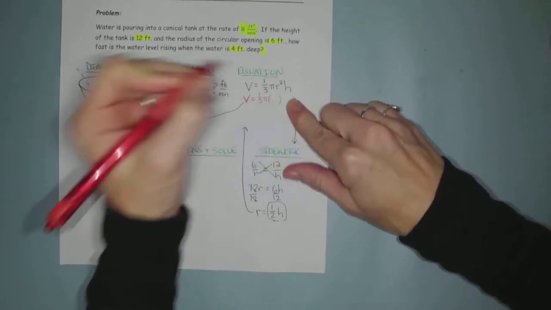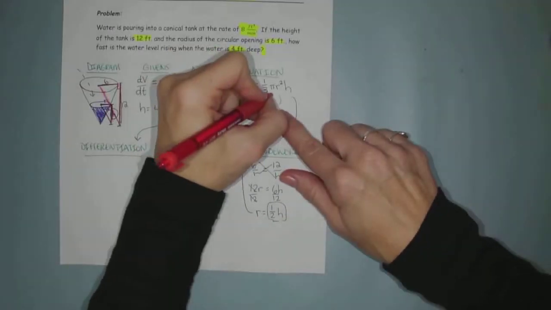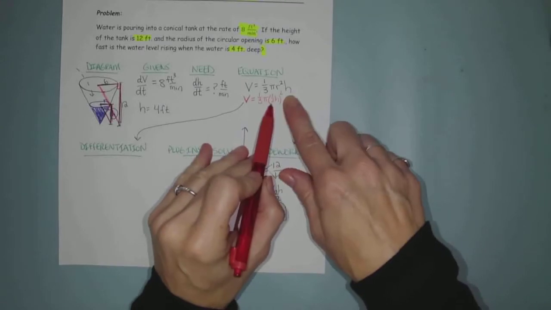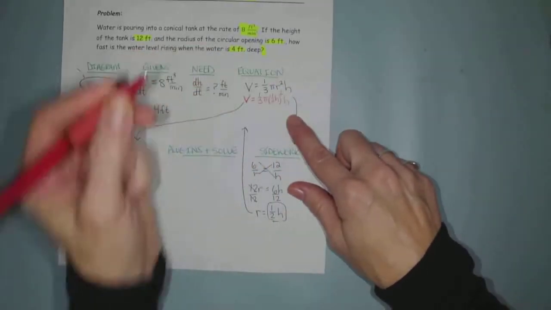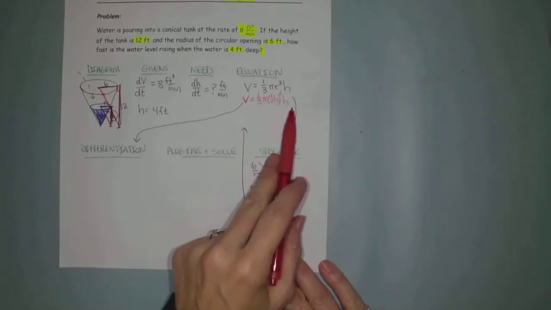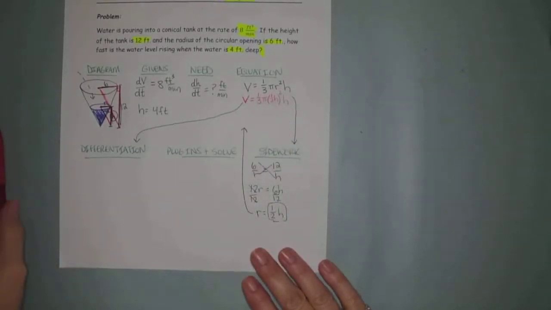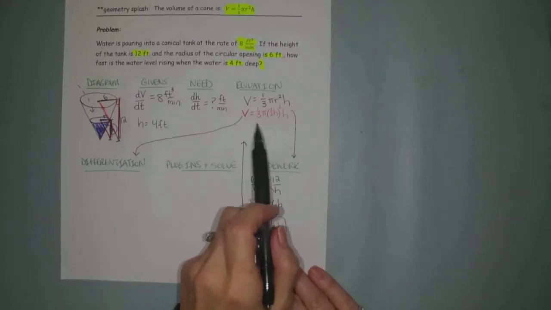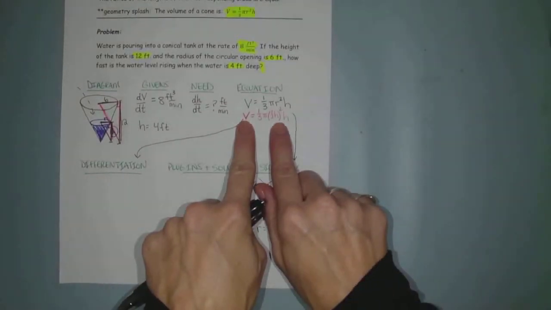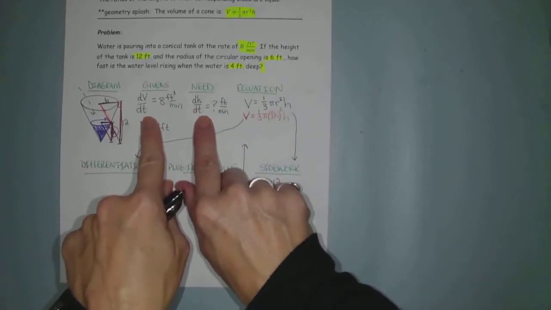Here we go. I'm replacing r with 1/2 h. Now I still have to square that because r is squared. h. Now I've got my volume equation all in terms of h, and that means that when I implicitly differentiate, I won't have a dr/dt. I'll only have a dV/dt and a dh/dt, and I've got those going on over here.